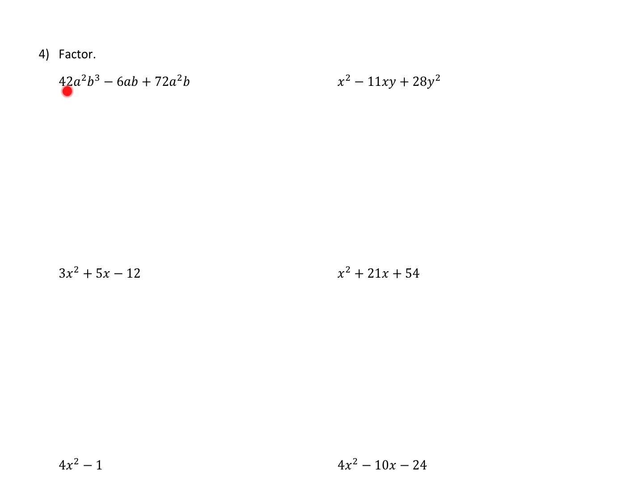We'll take a look at the coefficients first, 42, 6, and 72. What I do is I look at the smallest number and that's my starting point. I know that our GCF will not be bigger than a 6, but could it be a 6? So is 6 a factor of 42? And 6 is a factor of 42.